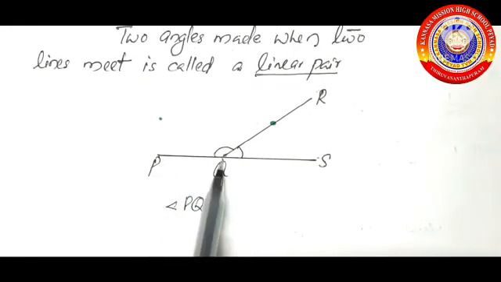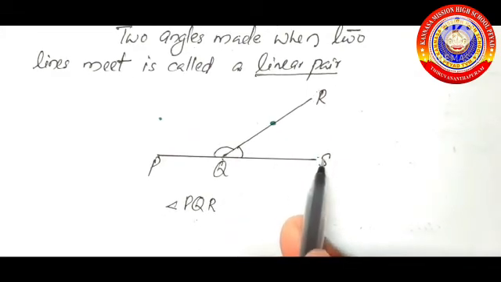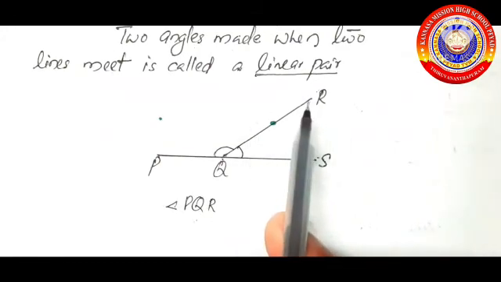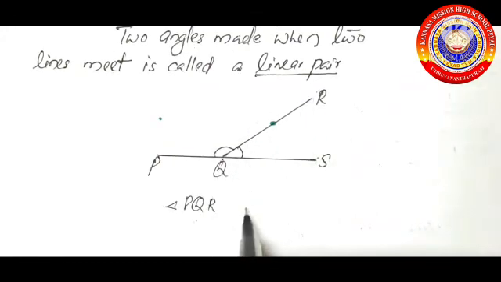Then angle PQR plus angle RQS is equal to 180 degrees.